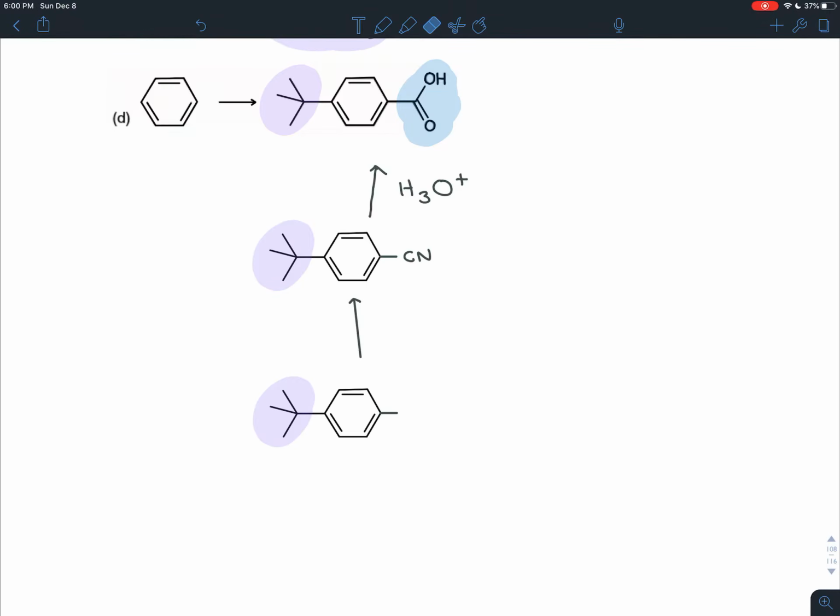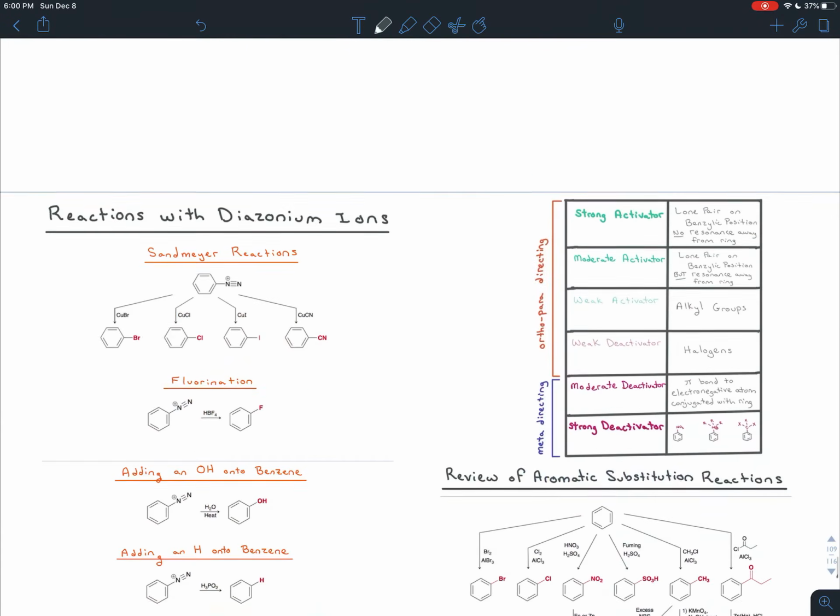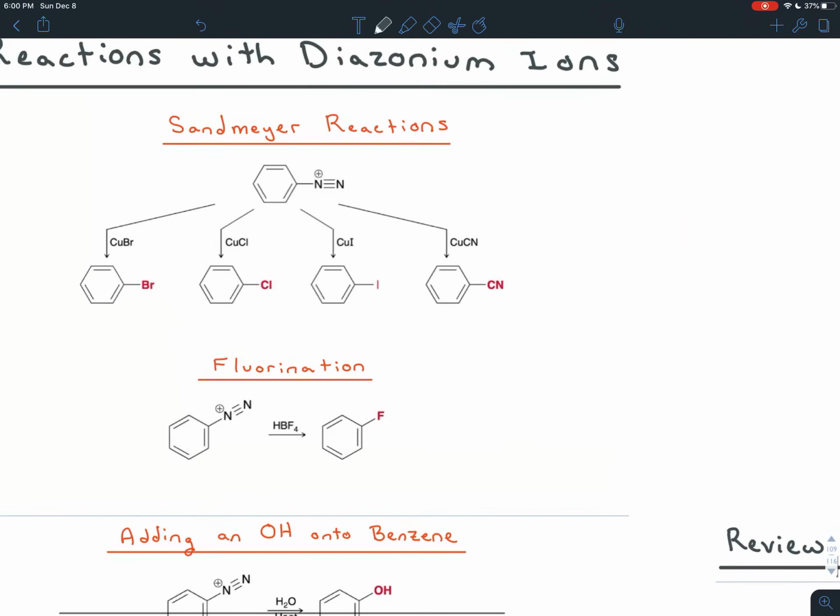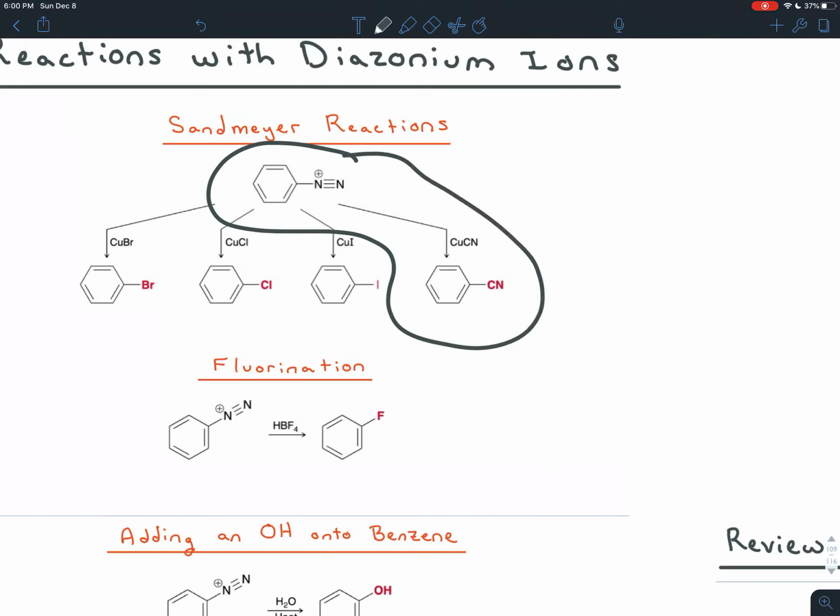So if we had a diazonium ion, then we could do a Sandmeyer reaction. You could treat that with copper cyanide, CuCN, and that would replace the diazonium ion with the cyano group.